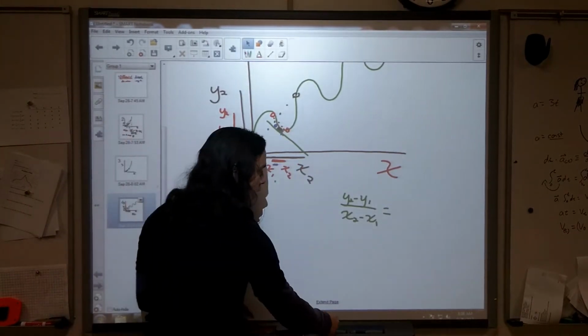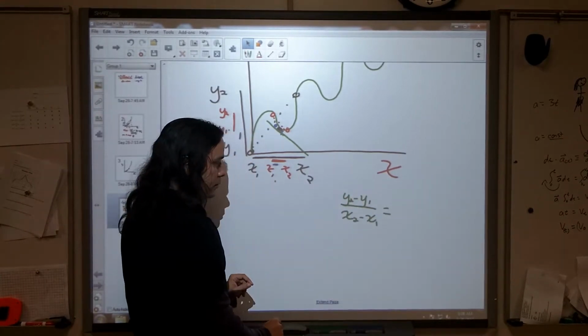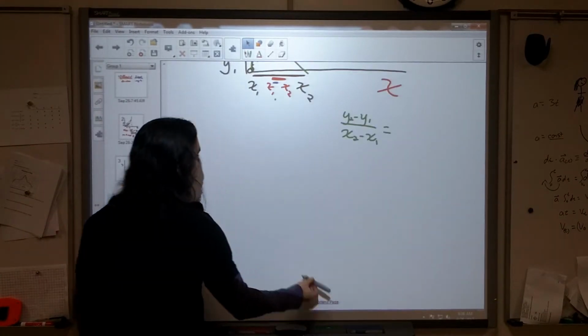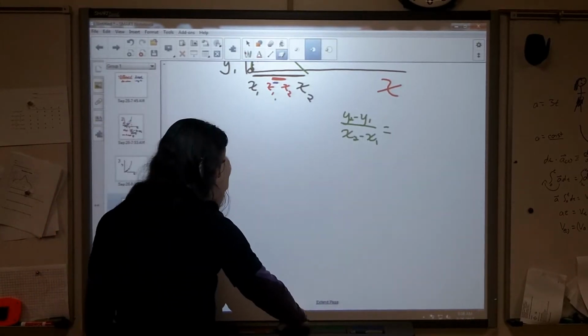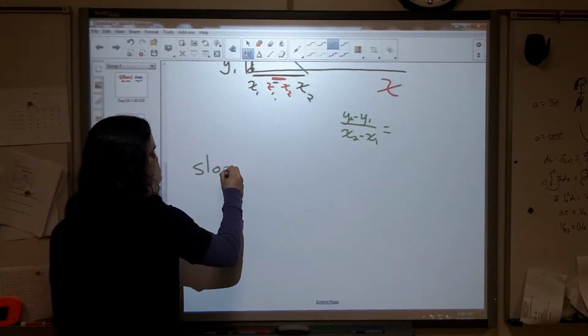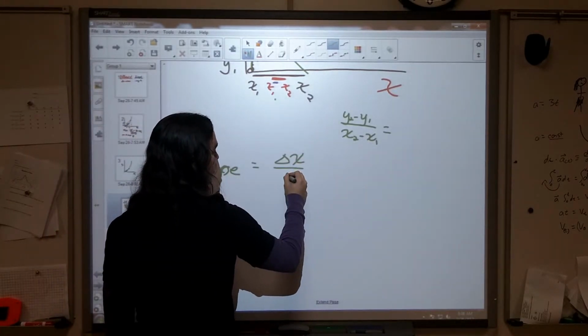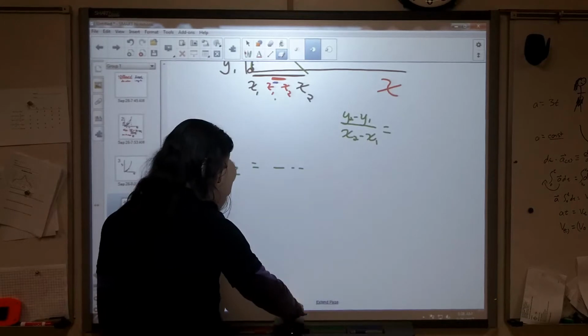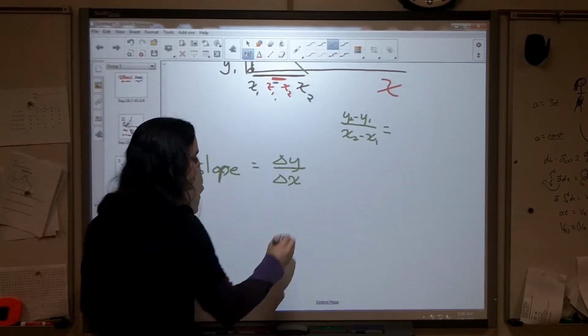But only if y2 and y1 get infinitely close to each other. How we would normally describe this, as we've mentioned before, is we could say that the slope is equal to delta x over, or I'm sorry, delta y, delta y over delta x.